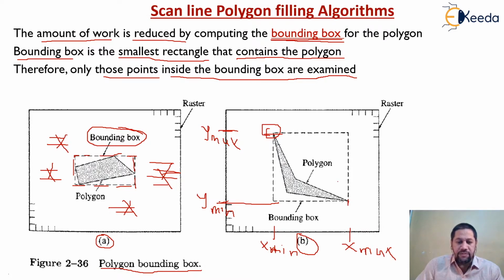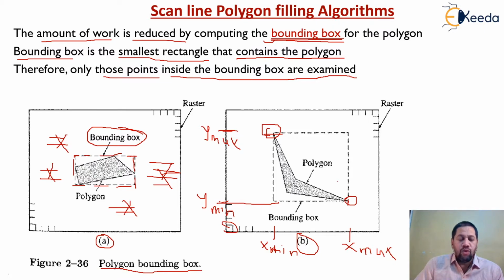So the value will be x minimum comma y maximum, if I consider this as my origin. The second point that I have to give is x maximum comma y minimum. If I give these values, it is going to draw this particular rectangle that we call a bounding box.